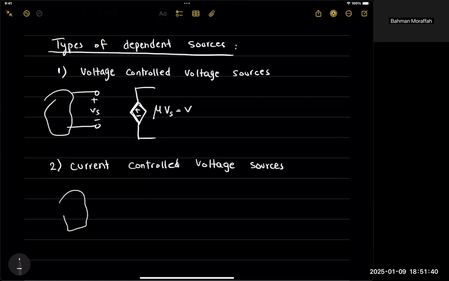So if I have this circuit over here, and let's say this is the current through it, call it I of S. If this is my voltage source here, the value of voltage here is some number times I of S. So this I of S is controlling the voltage across this element.